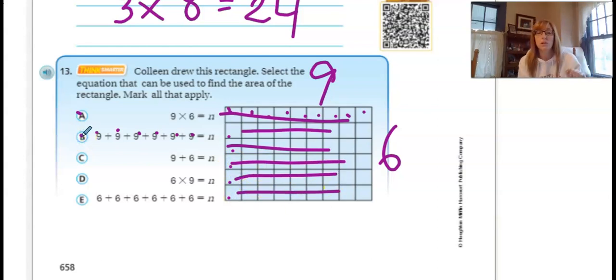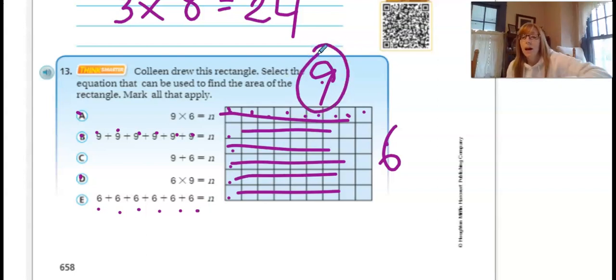So B works. 9 plus 6, that does not work. 6 times 9, 6 groups of 9, so that works. And then 6, so we have 1, 2, 3, 4, 5, 6. Oh, we only have 6 groups of 6, and we need 9, so that does not work. So you should have A, B, and you should have D.